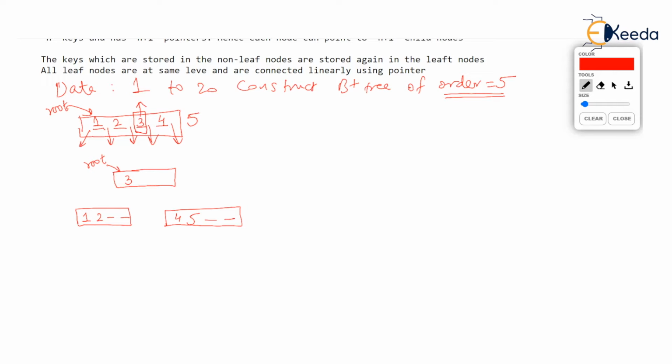And you observe that left of 3 is going to point to 1, 2, and right of 3 is going to point to 4, 5. You please try to understand, still 3 keys are vacant here in the root node. But now this is what we did in B tree also. I hope you have seen that video. Split and propagate. Now comes the turning point.